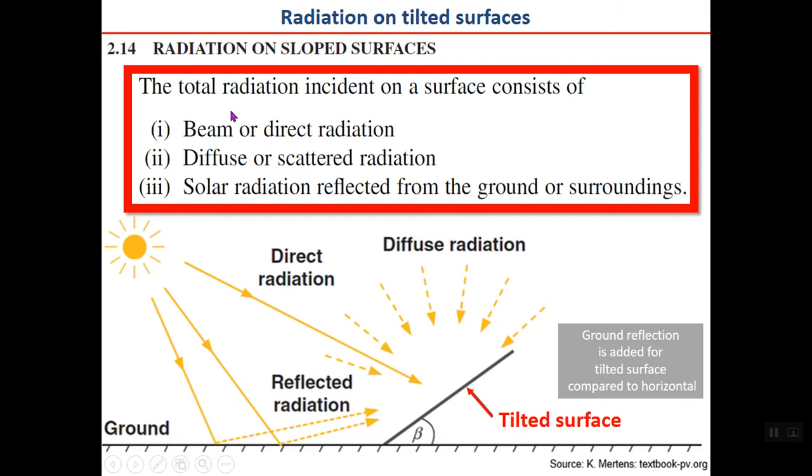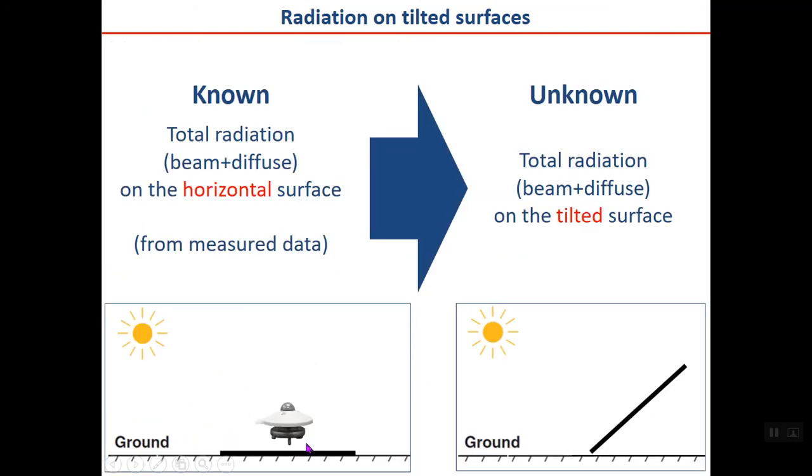So the total radiation incident on a surface consists of beam or direct radiation, which is this, diffuse or scattered radiation, which is this, and solar radiation reflected from the ground or surroundings. The value of the reflected radiation depends on the type and color of the surrounding surface.